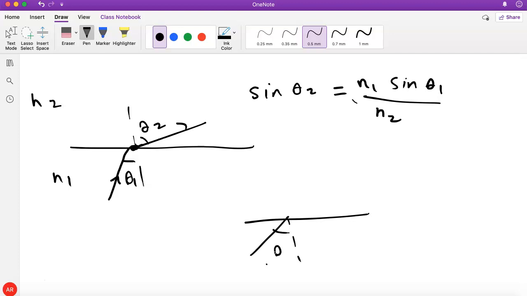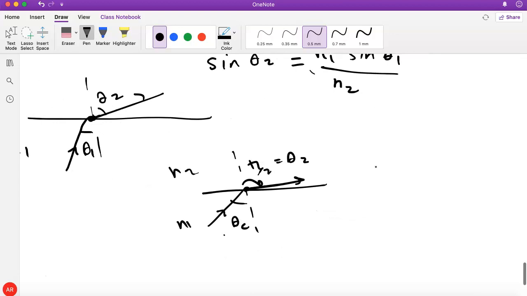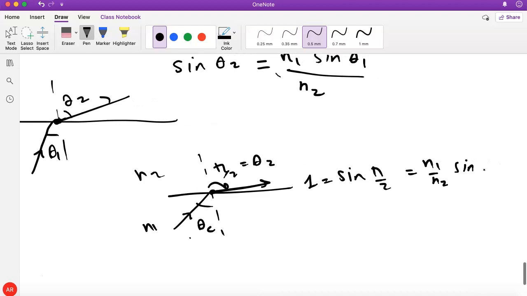Let's say that's theta critical. This is n1, n2, such that theta 2 is pi over 2. So in this case, what is the equation we would write? We would write sine pi over 2, which is 1, is equal to n1 over n2 sine theta 1.